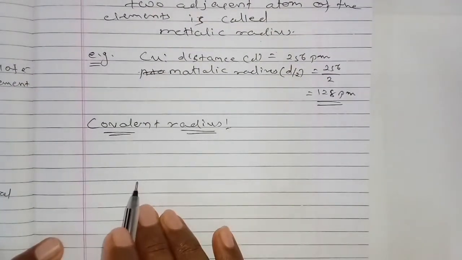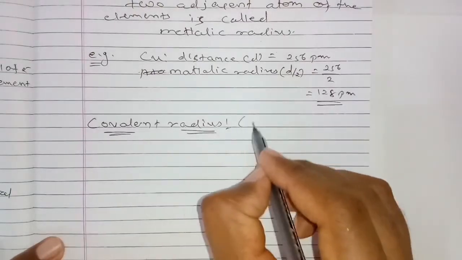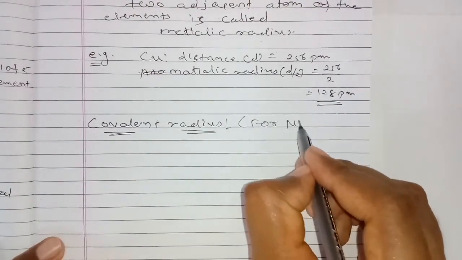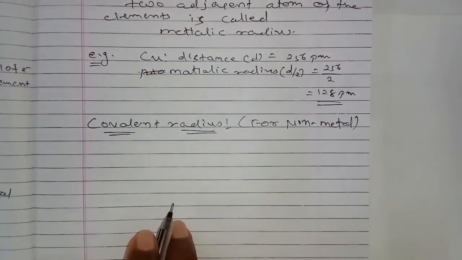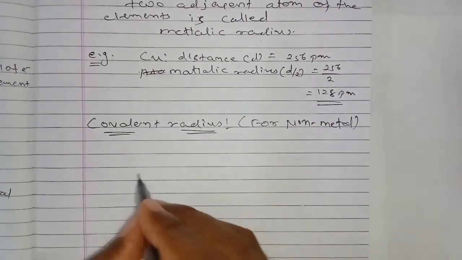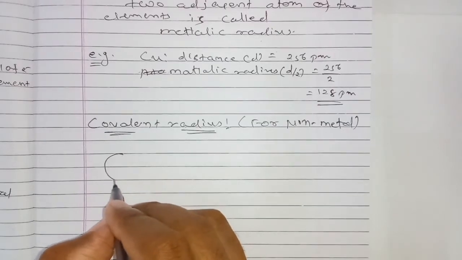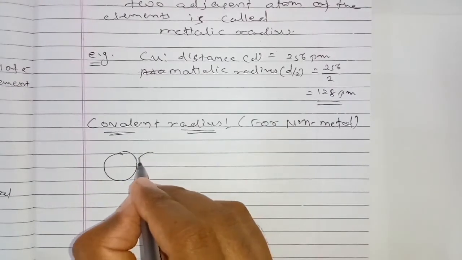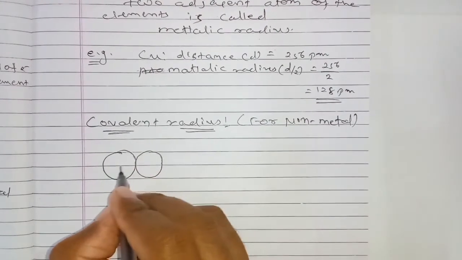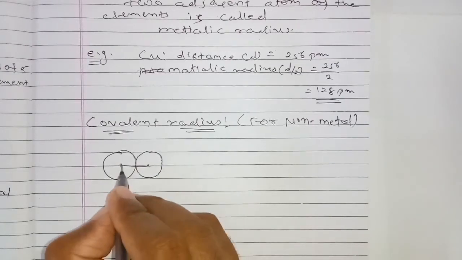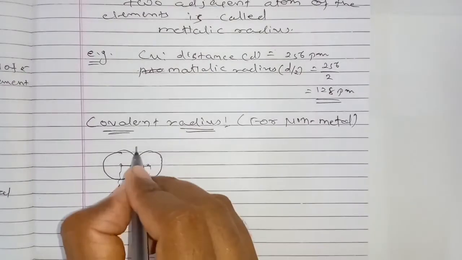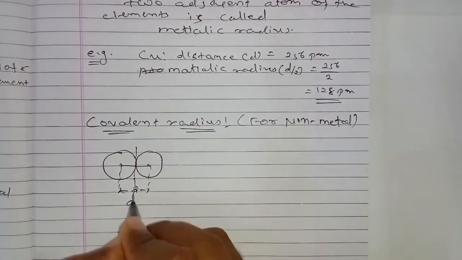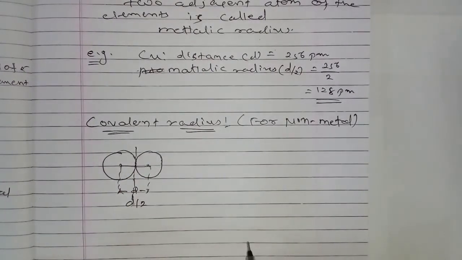Here the covalent radius is for non-metals. The internuclear distance is capital D, and its half distance is d by 2.